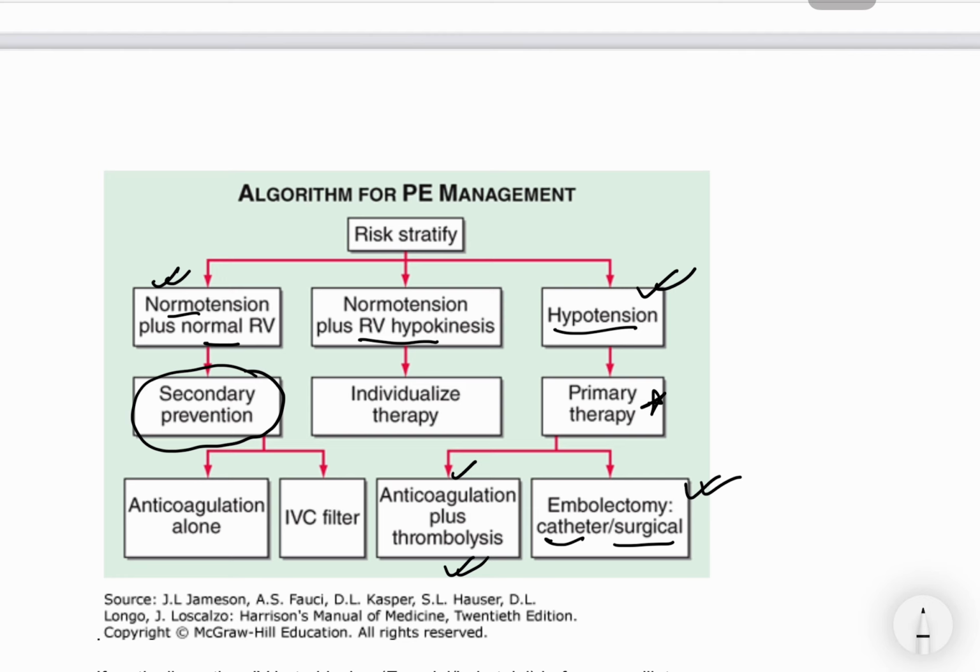Secondary prevention in pulmonary embolism is to prevent the embolus from your DVT. Okay, from the deep veins of your leg, we prevent that embolus from going towards your pulmonary vessels. And we keep an IVC filter or anticoagulation according to the risk factors present in the patient.